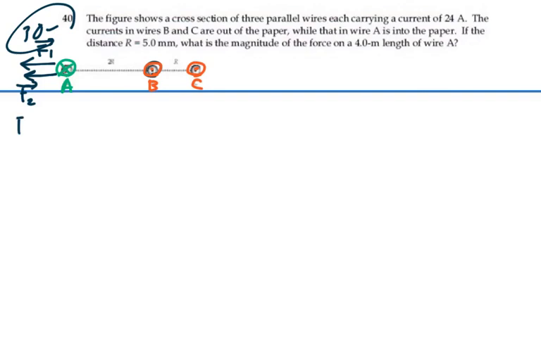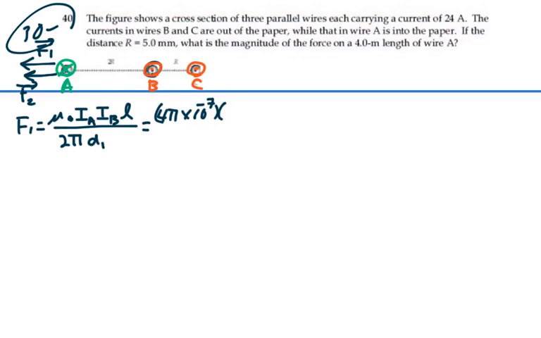So force 1 is going to be equal to mu naught times current A times current B times the length of wire A, over 2 pi times the distance between them, called D1. So that's going to be 4 pi times 10 to the minus 7.